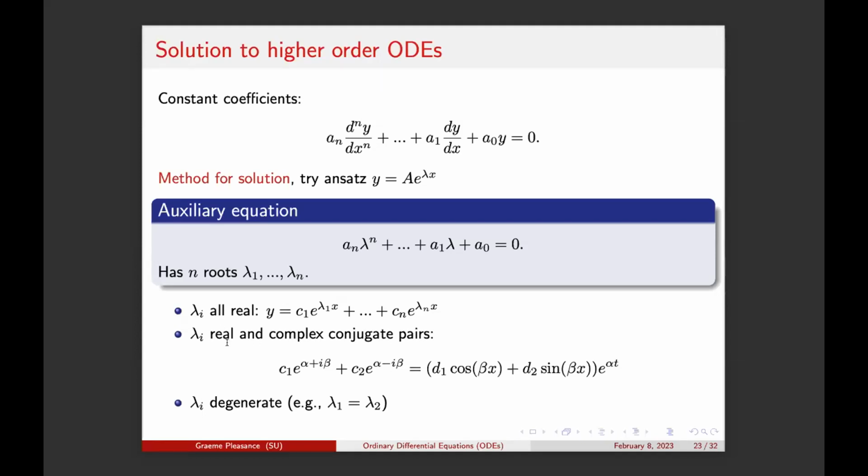In the case where you have some mixture of real and complex lambdas, we can note that the complex lambda i's will always occur in complex conjugate pairs. So in the case where, for example, lambda 1 is complex, we can guarantee that there's going to be a lambda 2 which is just the complex conjugate of this.